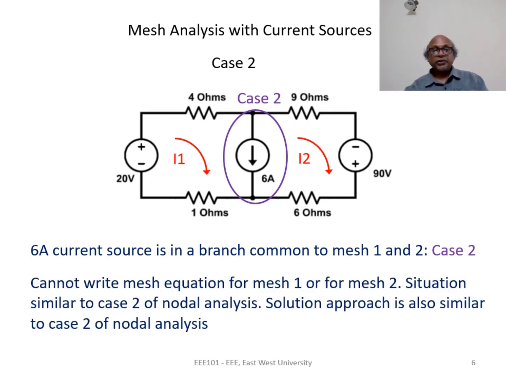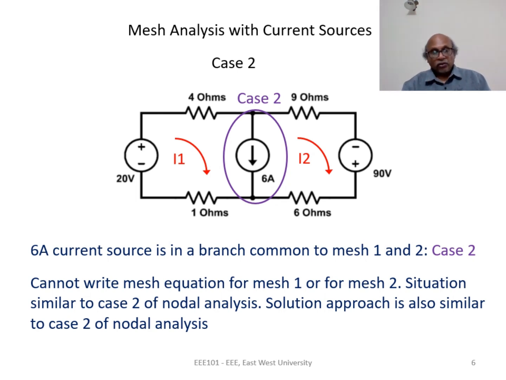So we cannot write a mesh equation either for mesh 1 or for mesh 2. This is similar to case 2 of nodal analysis, where a voltage source is connected between two non-reference nodes. In that case, we cannot write a node equation for either node, and we adopted the supernode principle to write equations.